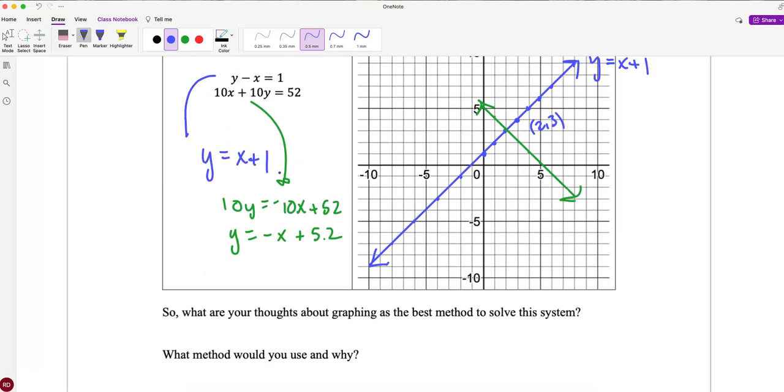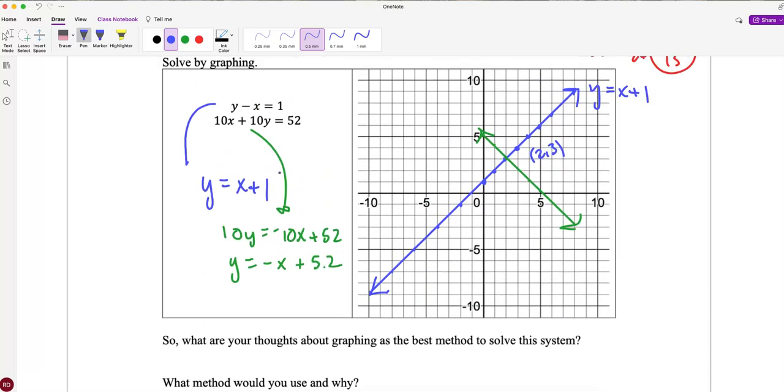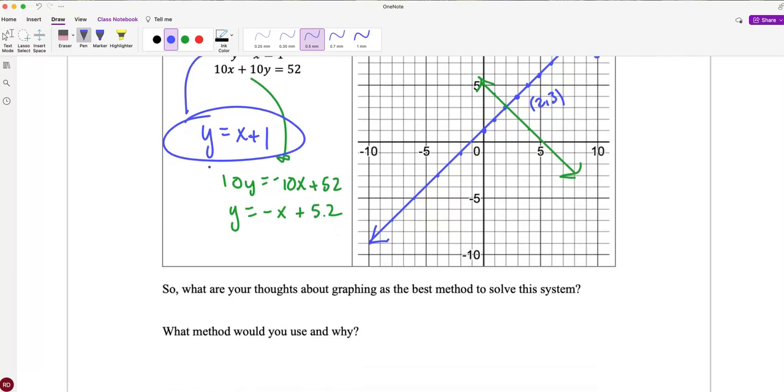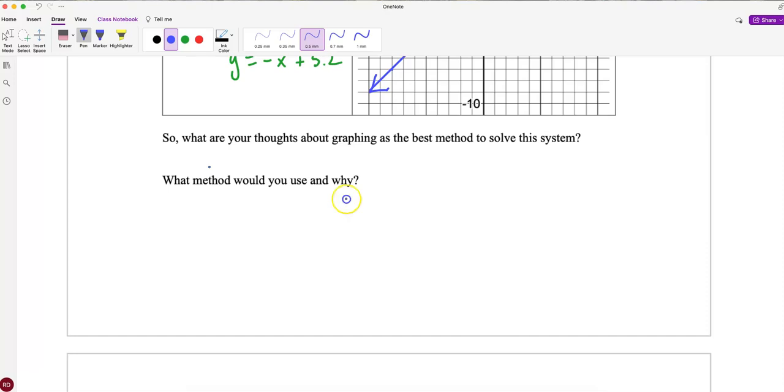So in this one, if I had to pick a method to choose, this is very easy to solve for y. I would use substitution for this guy. Okay, to use this for substitution, y is equal to x plus 1. So I would just have 10 times x plus 1 equals 52.